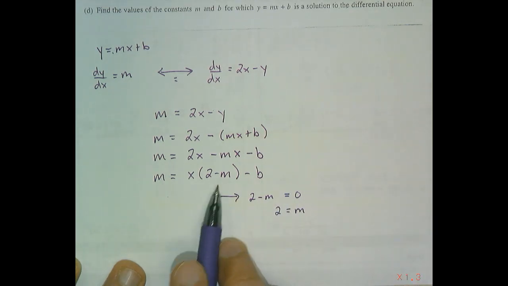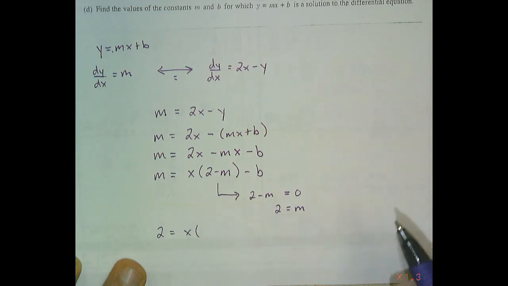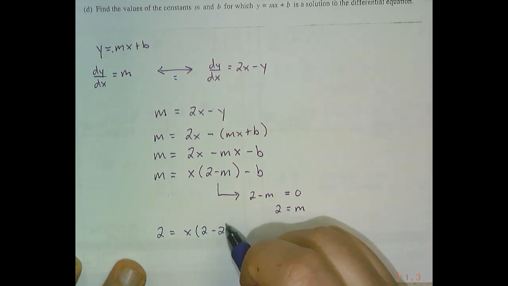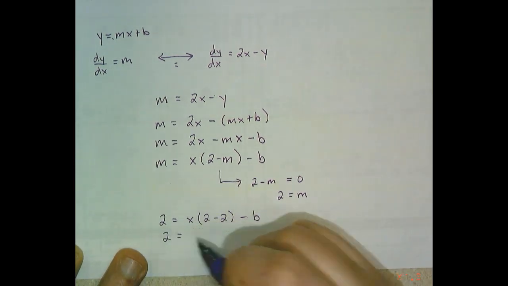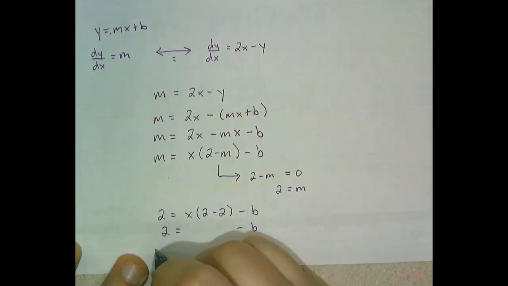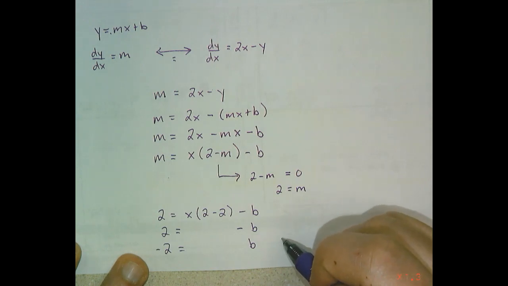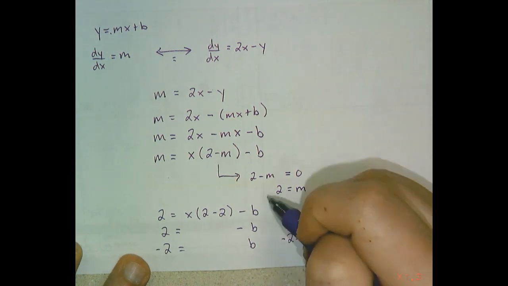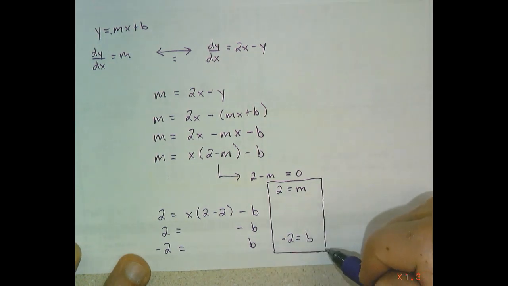So if 2 equals m, then we get 2 is equal to 0 minus b. 2 equals negative b. Therefore, negative 2 is equal to b. And there are our solutions for m and b.